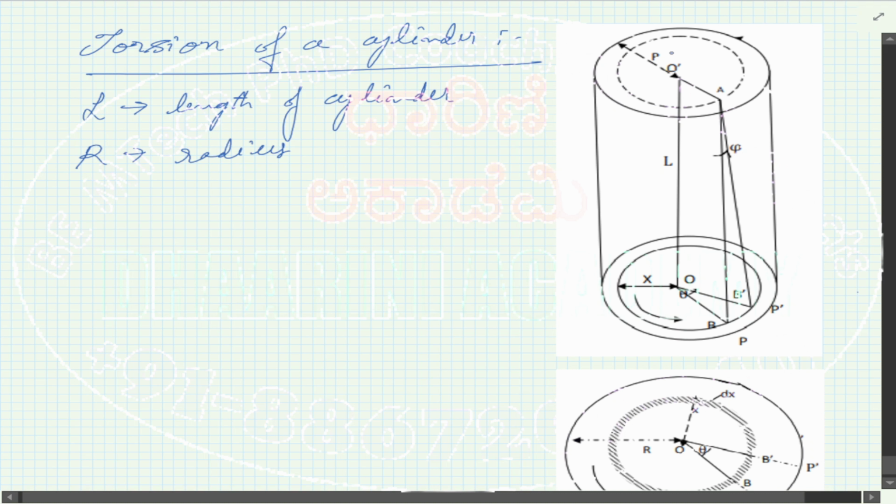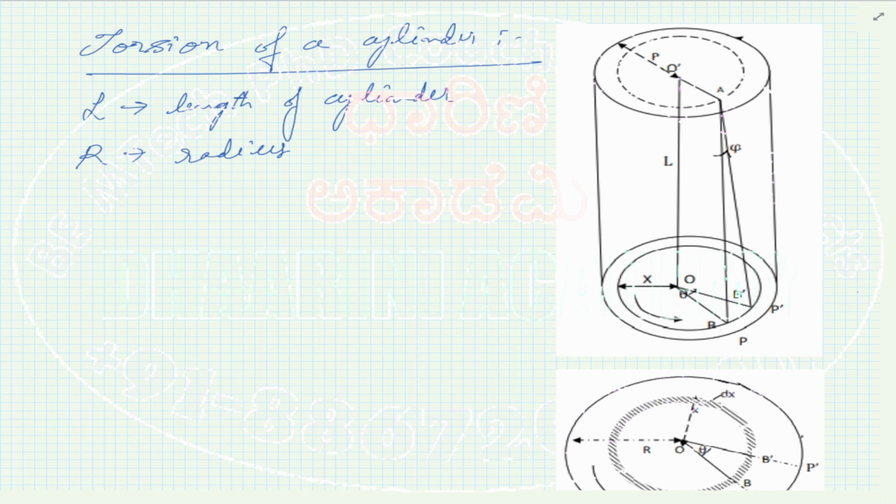We can see that in the diagram. Okay, let this cylinder be clamped at the upper end. In the sense, I am not able to move the upper end of the cylinder. But we are trying to apply a twisting force at the bottom of the cylinder.